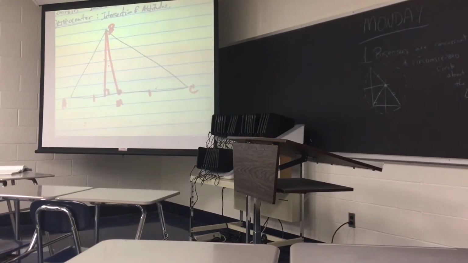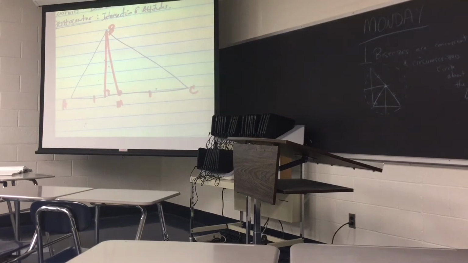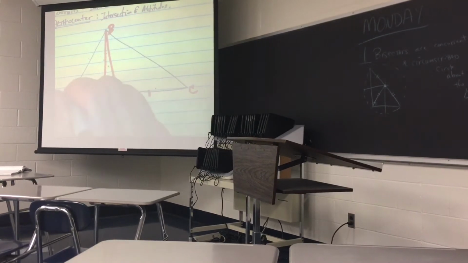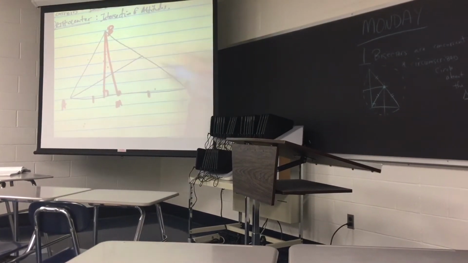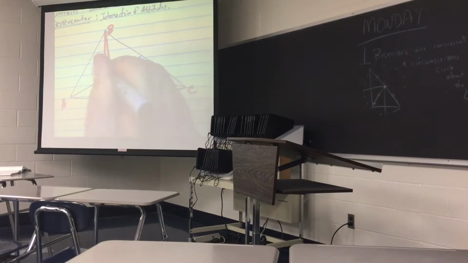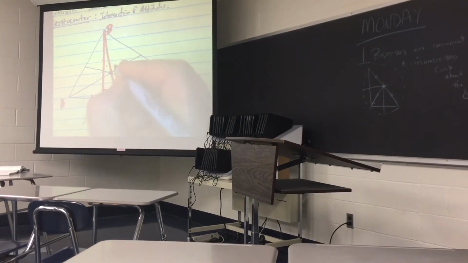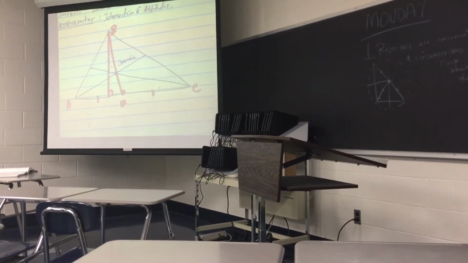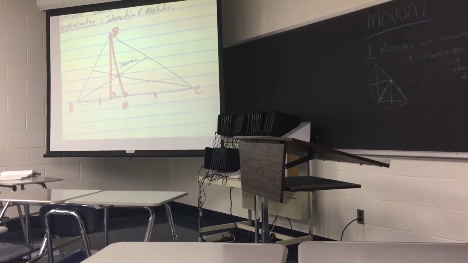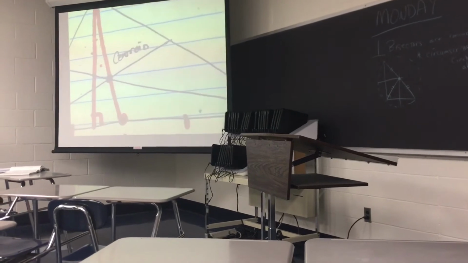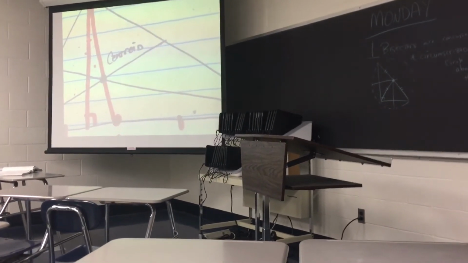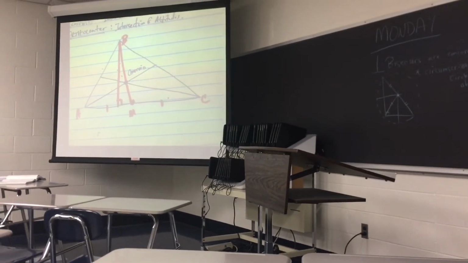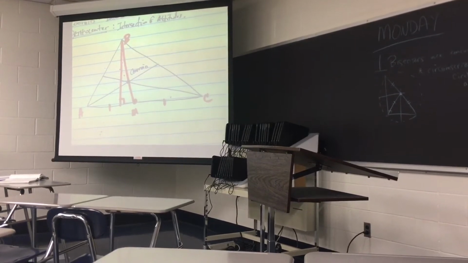When they all intersect, so if I do the median here and the median here, that point is called a centroid. Okay, that's a centroid. When I do all three altitudes, I'm going to do those in red.